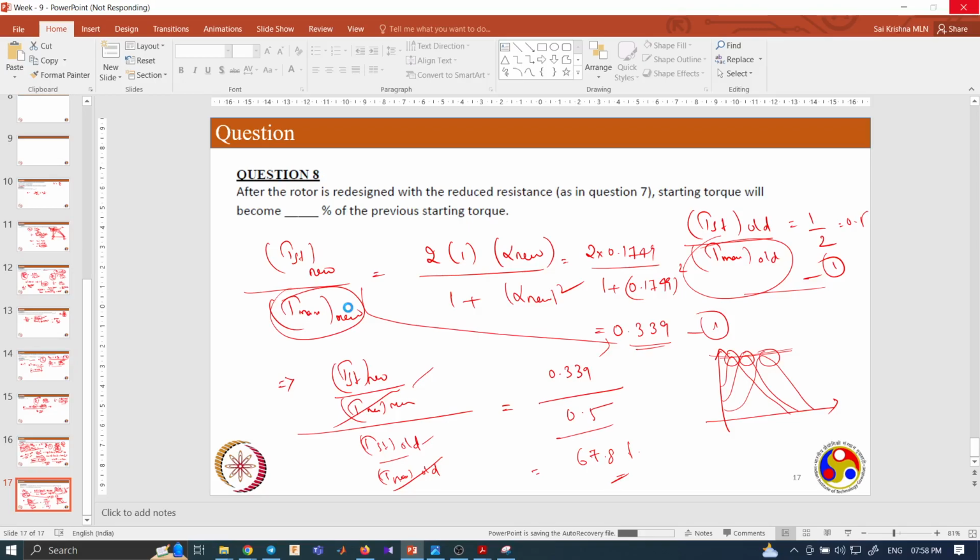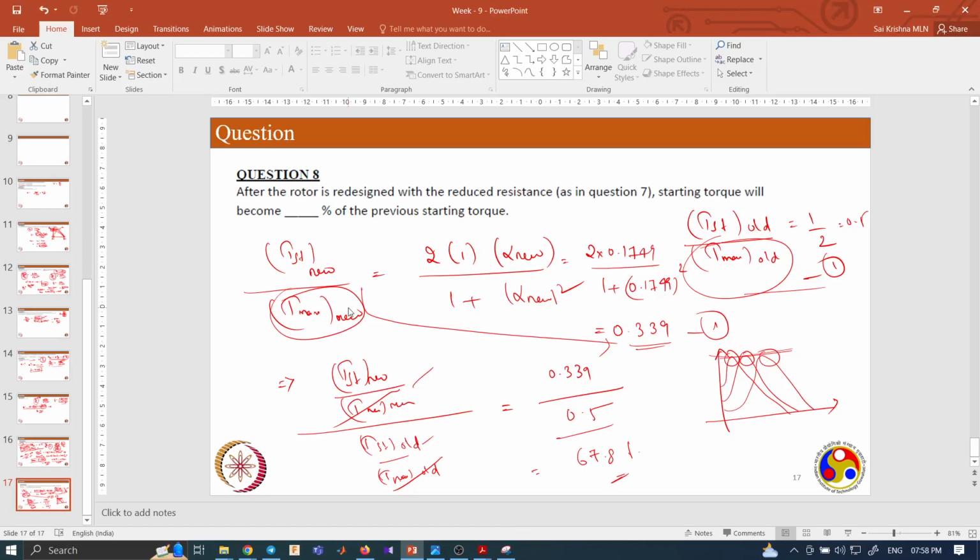You just have to get the idea of how we can solve quickly. They are asking about the ratio of old and new torques, how I can get it, what the relation between those two is, and what the relation between maximum torque is when rotor resistance is changing. Everything you should have at your fingertips. Yeah, 68%. That's correct.